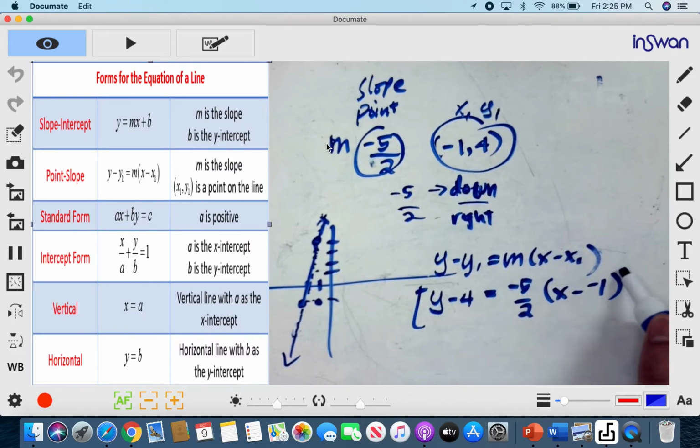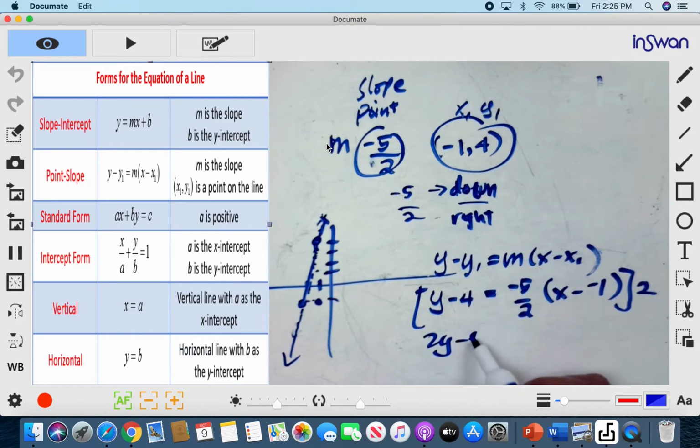Okay, now we will multiply the whole equation by 2, because you'd like to put this in standard form. And when you do that, you multiply each of the terms by 2 except the ones inside the parentheses, only the outside. So 2 times y is 2y minus 8 is equal to -5(x plus 1), because negative times negative is positive.